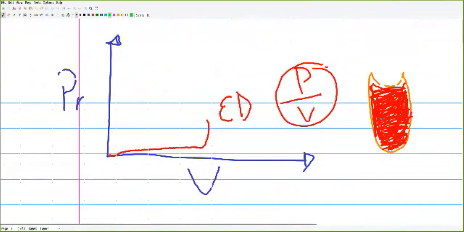So around 10 millimeters of mercury is going to be 125 milliliters. That's pretty normal. And over 15 is going to be around 150 milliliters. Also very normal.